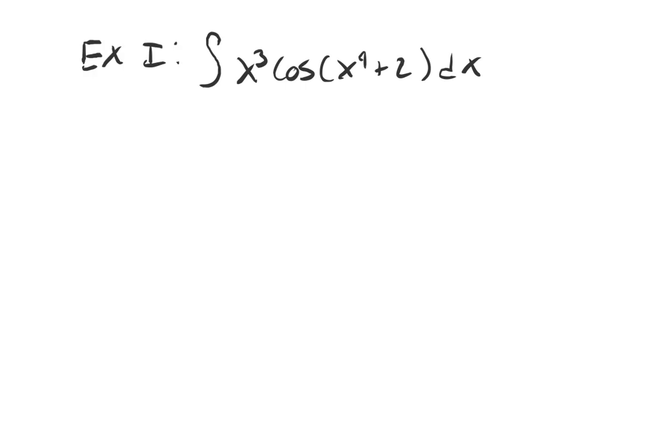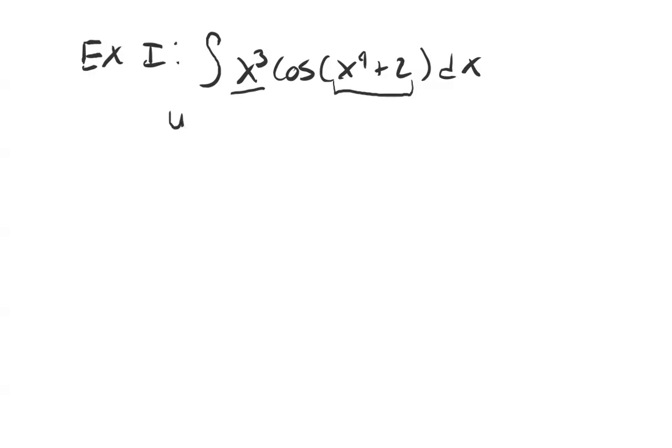But all we're really asking you to do is find a function and find its derivative somewhere. If I look at the inside of cosine, I have x to the fourth plus 2. If I differentiate x to the fourth plus 2, I'm going to get 4x cubed. You'll notice that the x cubed appears here. So that seems like a good place to start with our U substitution.